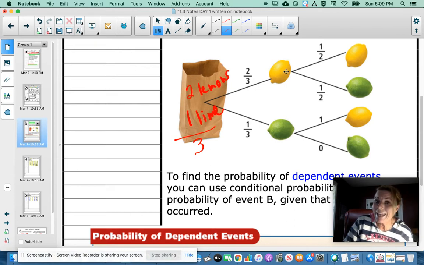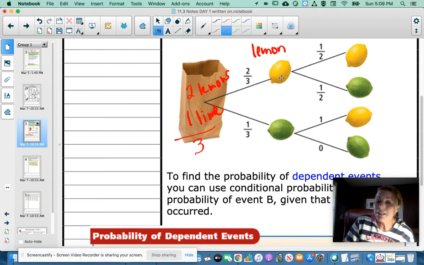Well, after picking a lemon the first time, we go from 2 lemons to only 1 lemon left to pick from. And instead of 3 pieces of fruit in the bag, there are now only 2. So the probability of picking a lemon again is 1 over 2.